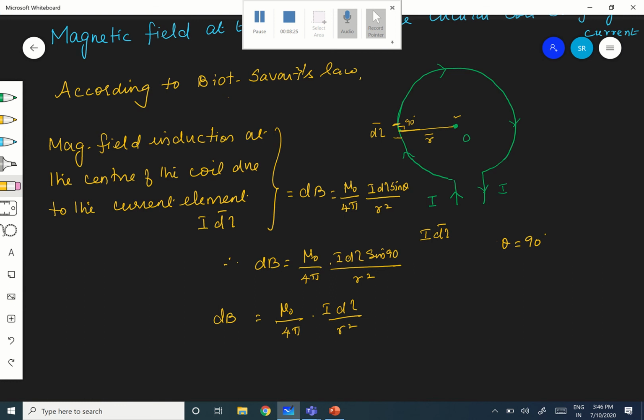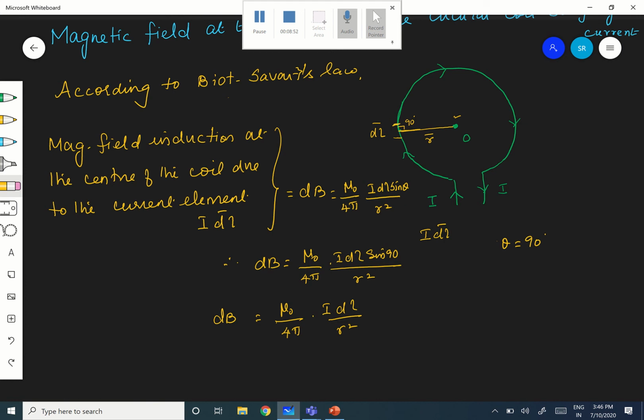See, you have to keep your right hand at O, because you are interested in finding the direction of the magnetic field at O. Therefore, stretch your thumb perpendicular to the curvature of the fingers, and keep it at O, such that the curvature is from dL to r.